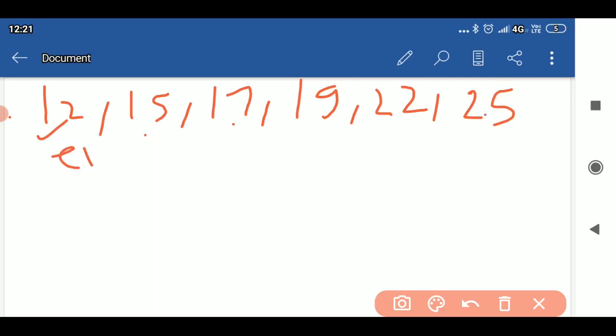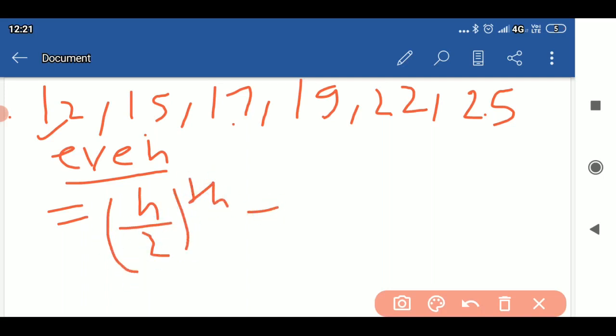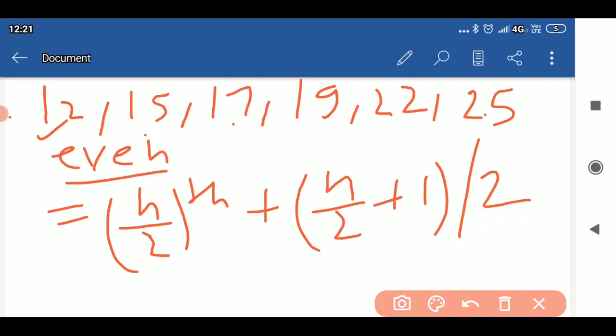So it is an even series of data. Which formula will we apply? n by 2 plus n by 2 plus 1, and divided by 2. Is it clear? First we will get the third position of the data value, since 6 by 2 is 3, and then 3 plus 1, the fourth position, and divided by 2, right?